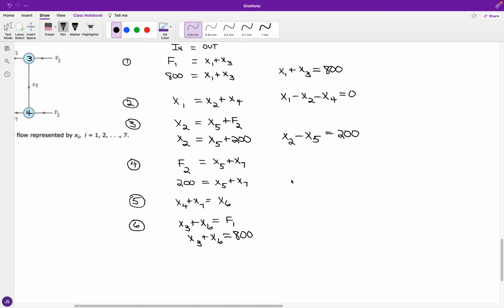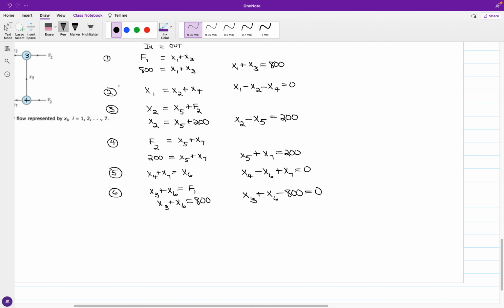Then next, we have x of 5 plus x of 7 is equal to 200. And for the fifth, we have x of 4 minus x of 6 plus x of 7 is equal to 0. And for the last, we have x of 3 plus x of 6 minus 800 is equal to 0.